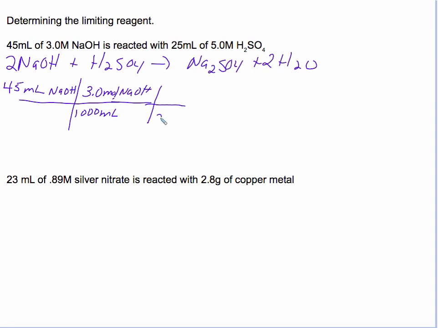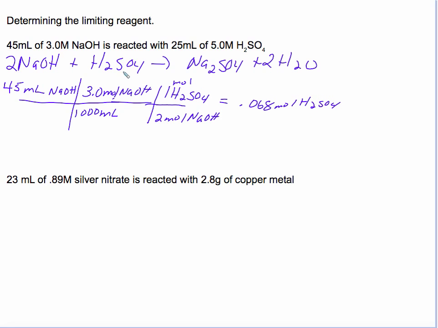The balanced equation says for every 2 moles of NaOH, I would need 1 mole of H2SO4. I'm using the mole ratios from the balanced equation. When I do that math, to react all the NaOH, I would need roughly 0.068 moles of H2SO4.